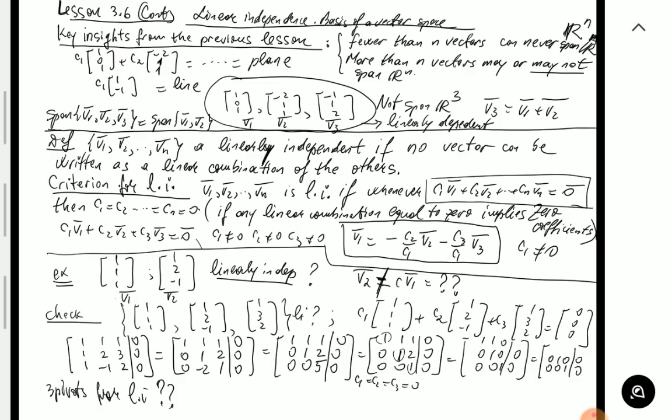You can pause the video and do the reduced row echelon form yourself. But the key thing is that you end up with 3 pivots, 1 for each variable, which means that the only solution is the 0 solution, which means we have a linearly independent set of vectors.